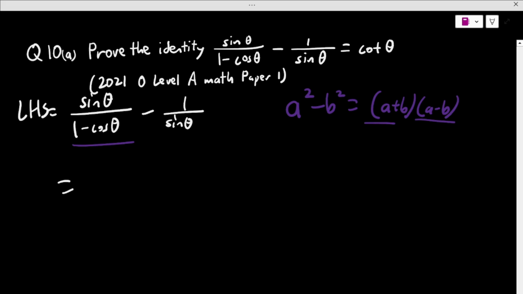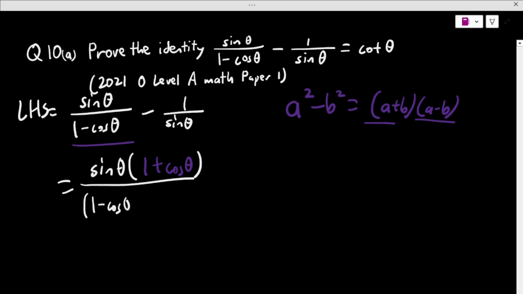So this is going to be sine of theta times 1 plus cosine of theta, all over 1 minus cosine of theta times 1 plus cosine of theta, subtracted by 1 over sine theta.